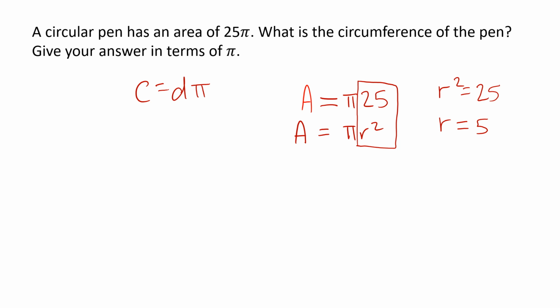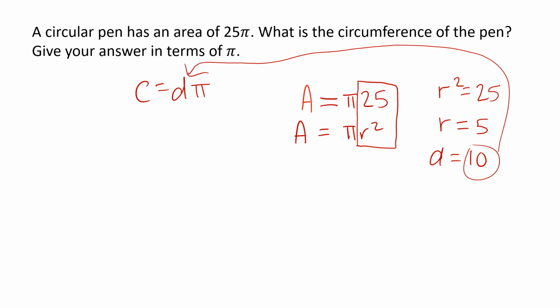If the radius is 5, then the diameter is double that, it's 10. I'm going to plug that into my formula, so that's going to be 10 pi. So the circumference is equal to 10 pi.